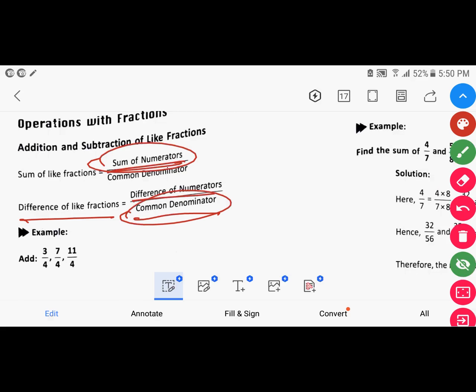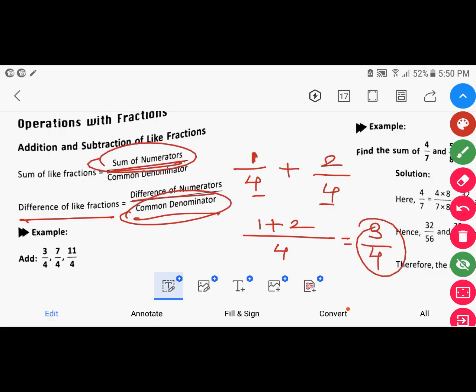I will show you. Now see, 1 by 4 plus 2 by 4. Now here in these two fractions, the denominator is the same. Okay, so I just write the common denominator and I add the numerators. So my answer is 3 by 4.